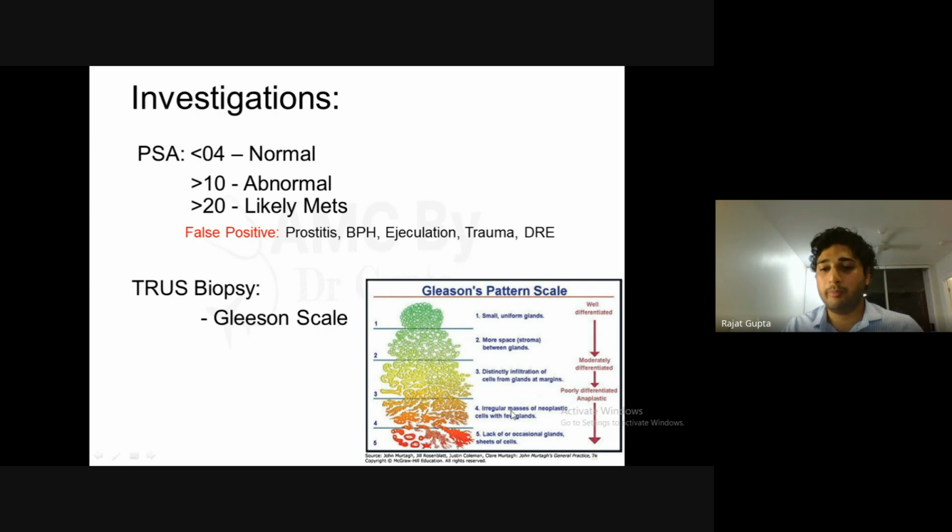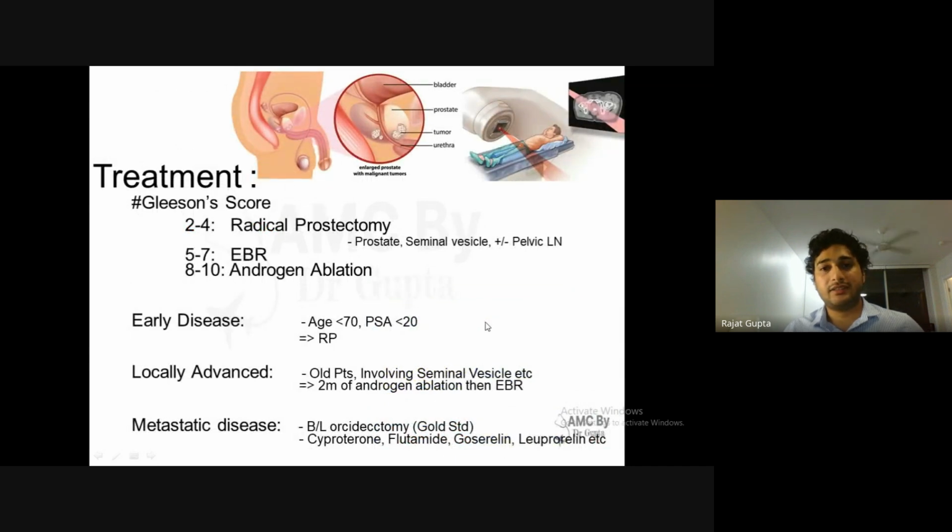You don't have to memorize this score, but you should know that there is a Gleason score. And as per Gleason score, we have to make up the management plan. Its minimum is 2, because there are 2 readings we have to calculate. If it is 2 to 4, we go for radical prostatectomy.